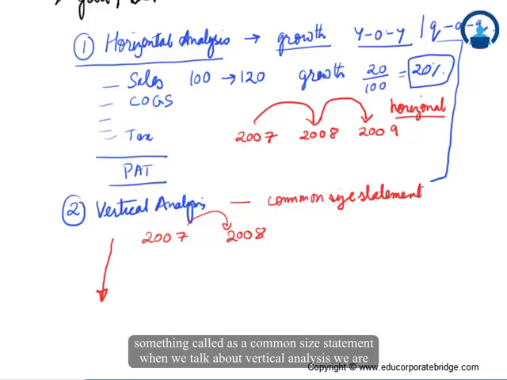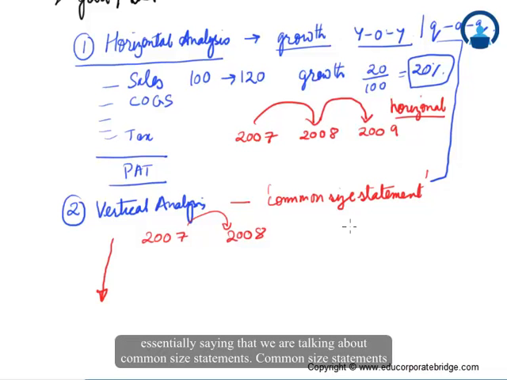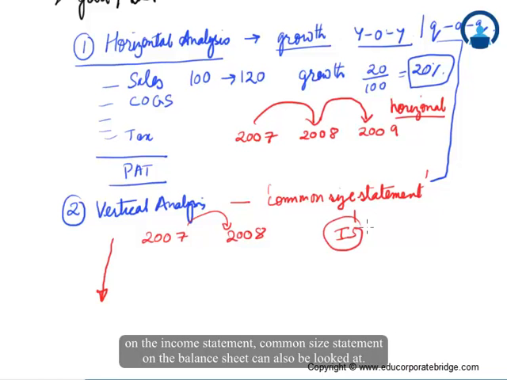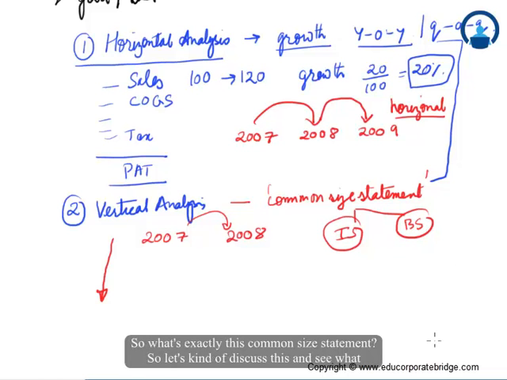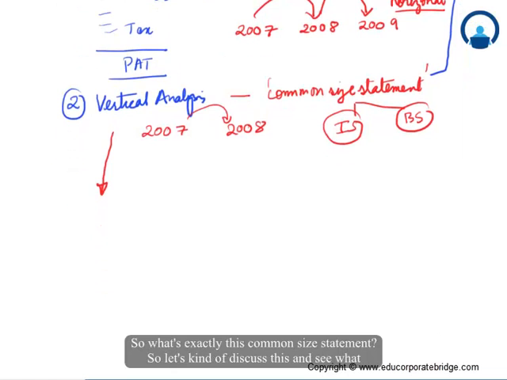When we talk about vertical analysis, we are essentially talking about common size statements. Common size statements on the income statement, and common size statement on the balance sheet can also be looked at. So what exactly is this common size statement? Let's discuss this and see what it means.